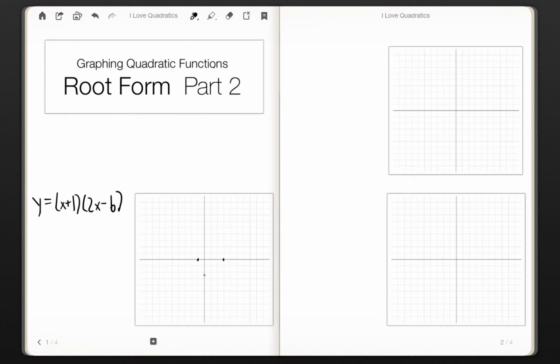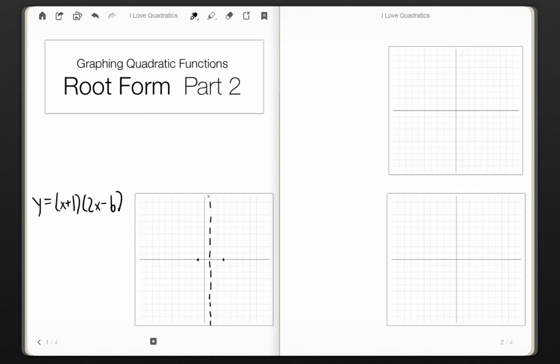But we actually already know what the middle of the graph is because these two roots are on the same y value, and since the curve of the parabola is the same on both sides, these 2 points, because they're at the same y value, have to be an equal distance away from the center of the parabola. So we can see that the center of the parabola is going to be right here on the line x equals 1. So that's going to be our axis of symmetry. It's right in between the two roots.